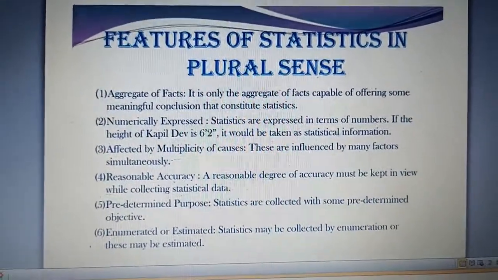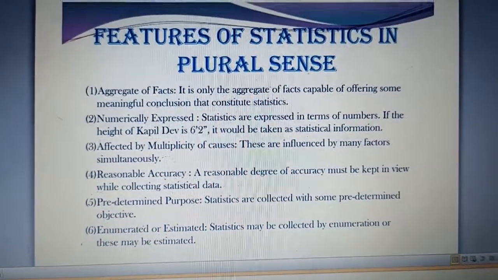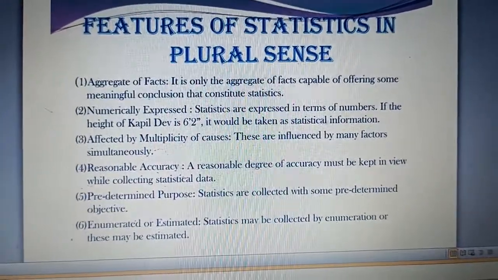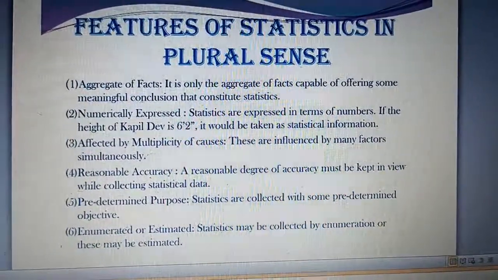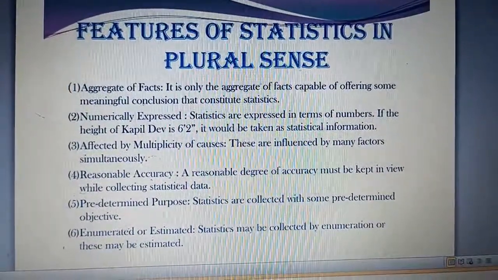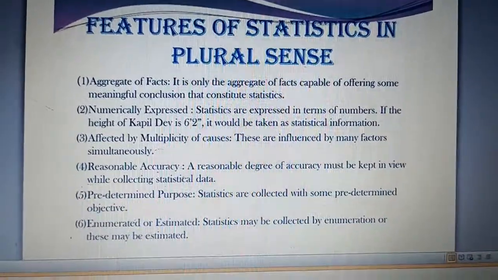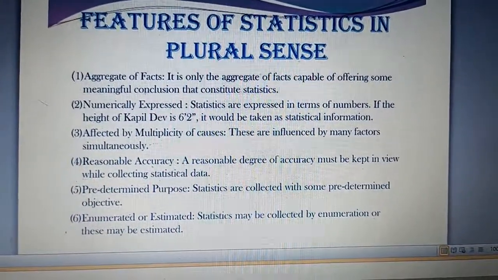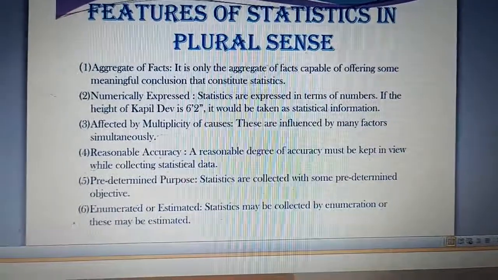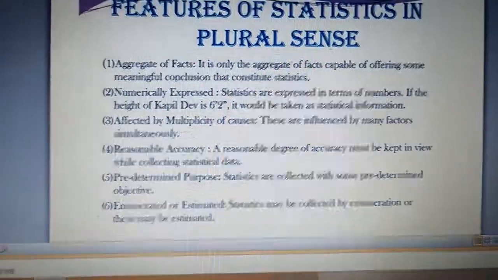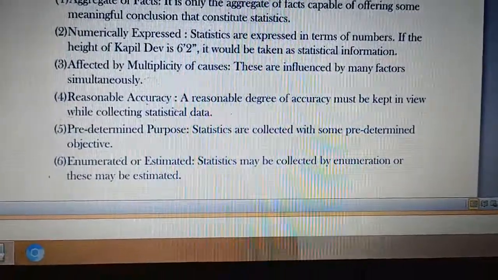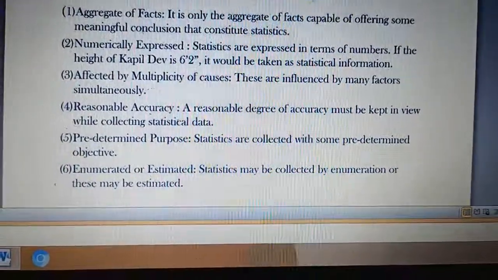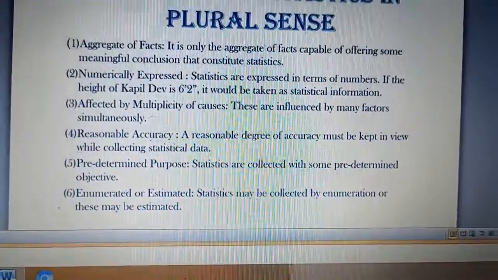Suppose if we collect data without purpose and then we conclude, then we find that this data is not required for our purpose and there is no meaning at all and we make expenses. So a predetermined purpose is required before collecting data. And enumerated or estimated: statistics may be collected by enumeration or by estimation.